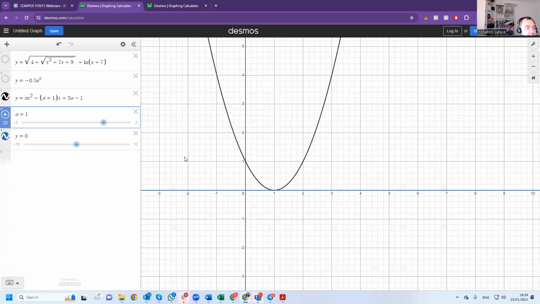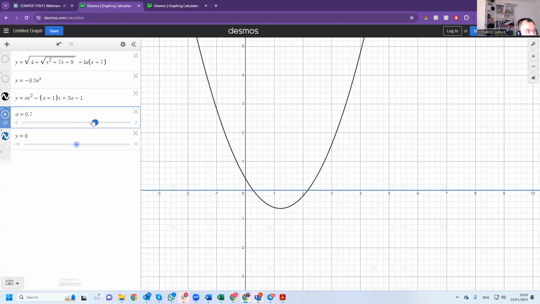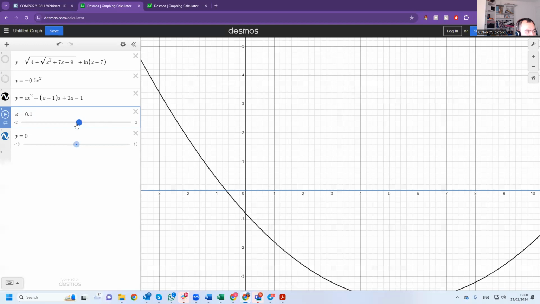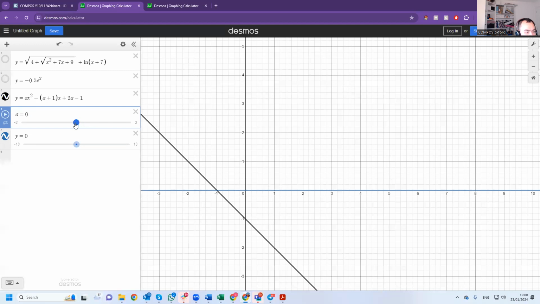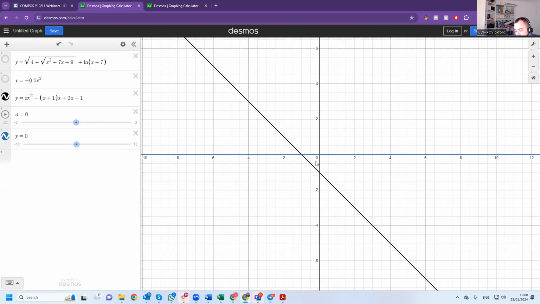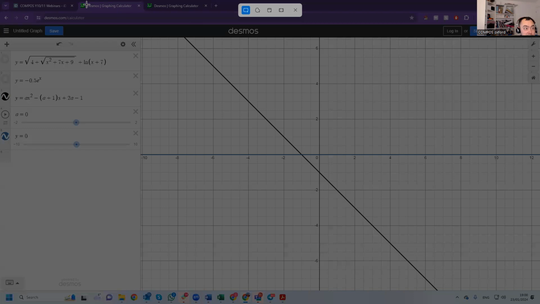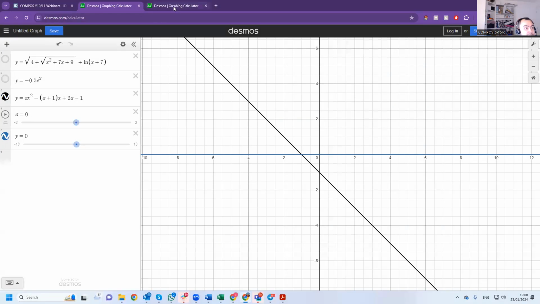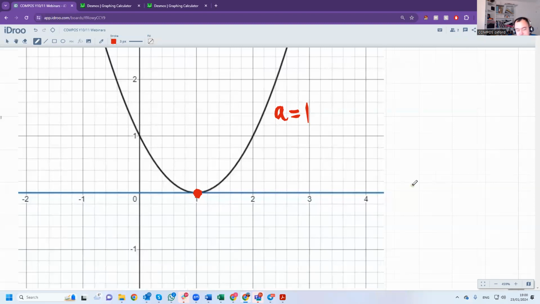The next one is a is equal to 0. And when a is equal to 0, it's also one point of intersection. Because as you can see, it's not a quadratic, it is a straight line.